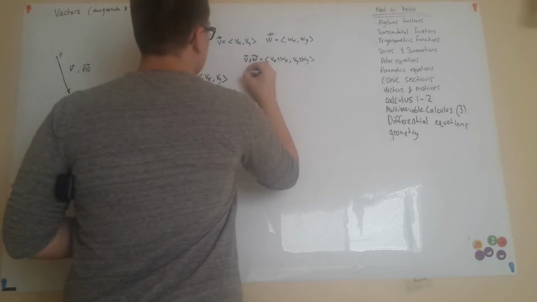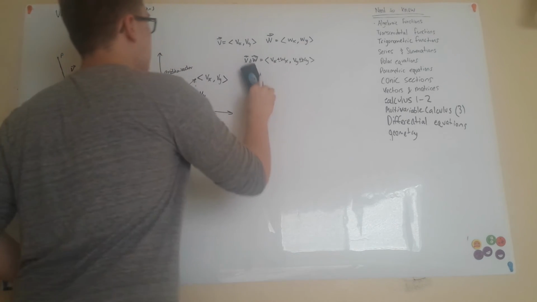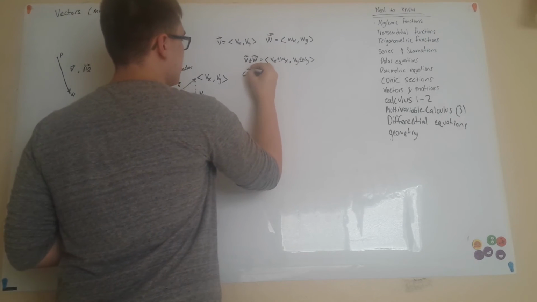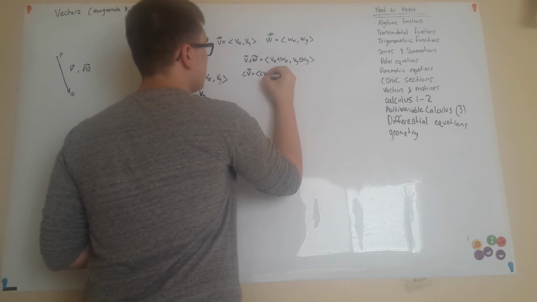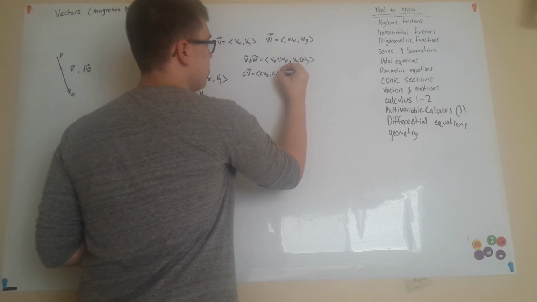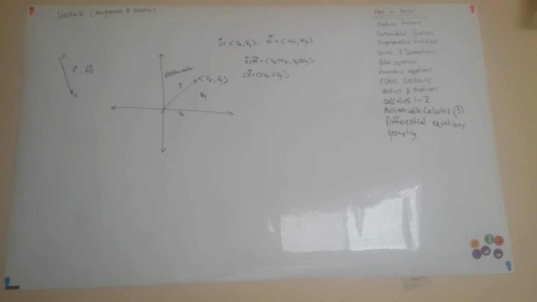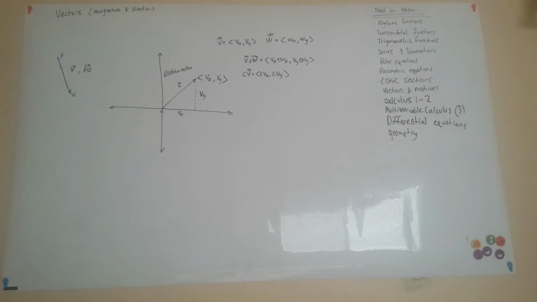If we wanted to scale vector V with any sort of constant, that would be the constant times its components. It would look like that. So those are some operations.